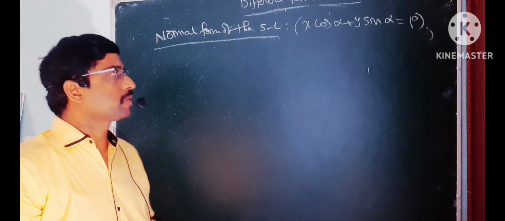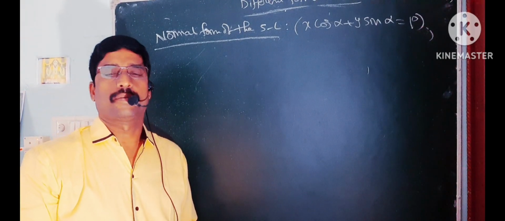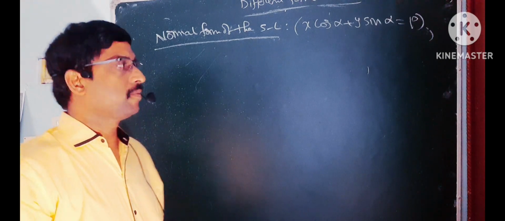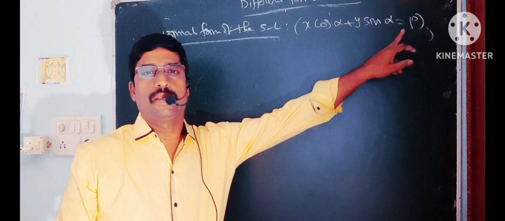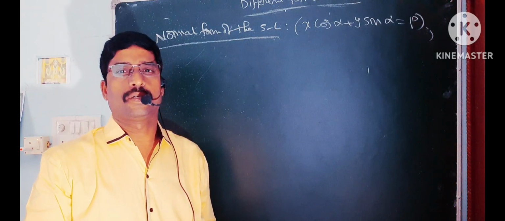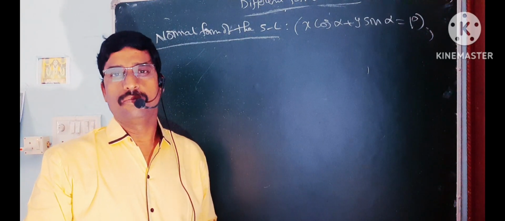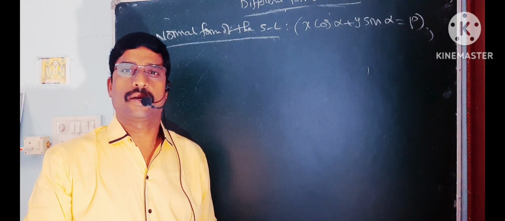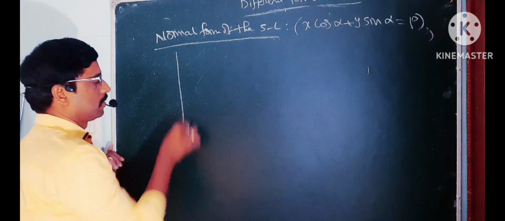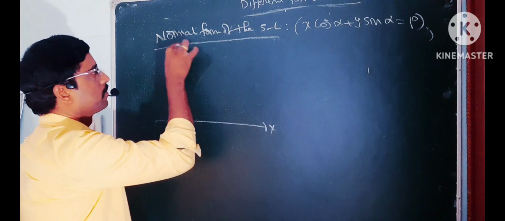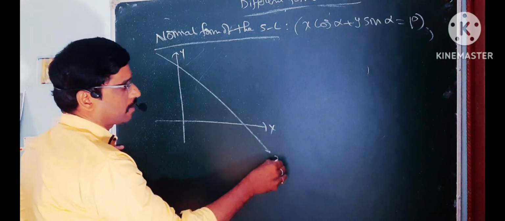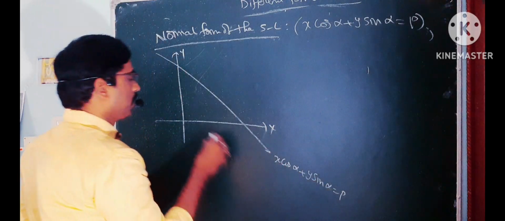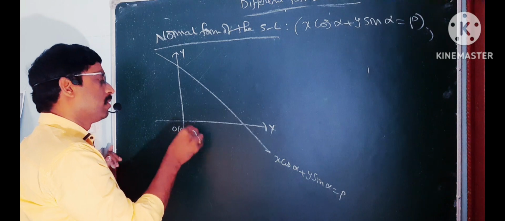Now I am going to explain the normal form of the straight line. What is the normal form? x cos alpha plus y sin alpha is equal to p, where p is the perpendicular distance from the origin to the line.